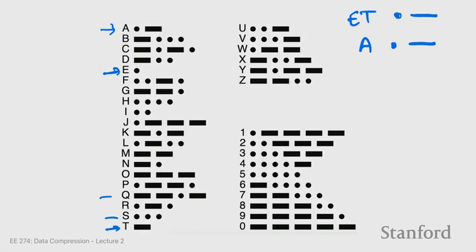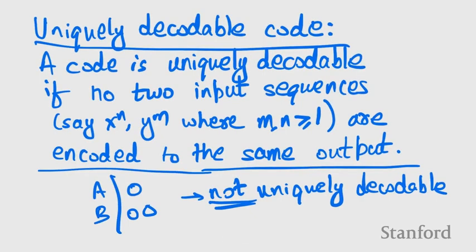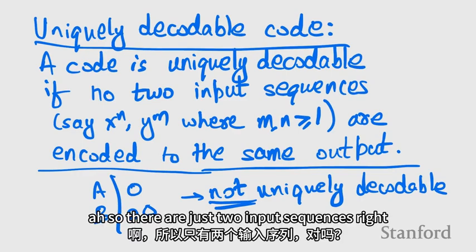Could you go back to the previous slide? This one? Yeah. And the previous one. Yeah, so the X and then Y, they are just two input sequences, right?